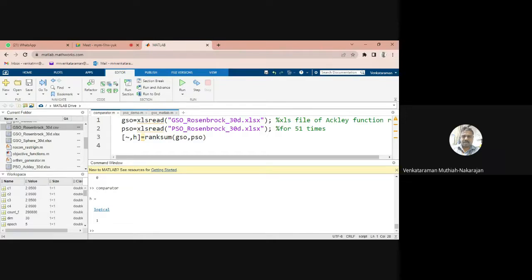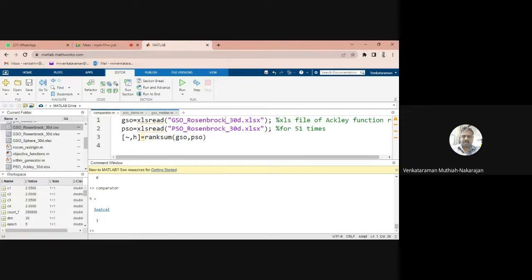I'm not sure whether you can see it. Can you read it? H is 1 in this case. So for Rosenbrock function, galactic swarm optimization is clearly ahead of the particle swarm optimization. So it is definitely a superior algorithm for Rosenbrock function.